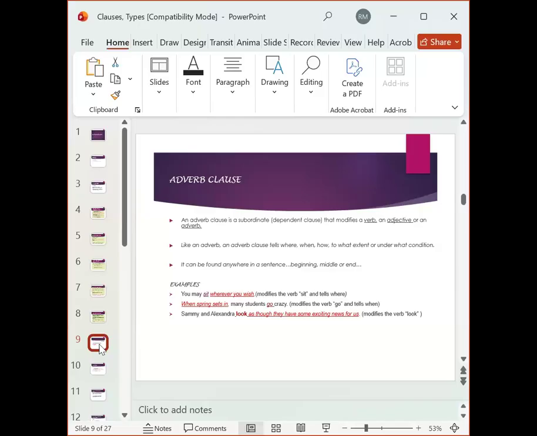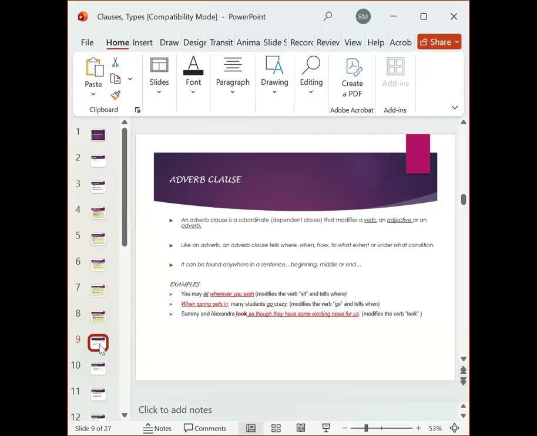Now, let's look at the second sentence. When spring sets in, many students go crazy. Okay, so many students go crazy when spring sets in. So this clause is telling us something about the verb, the time of the verb.